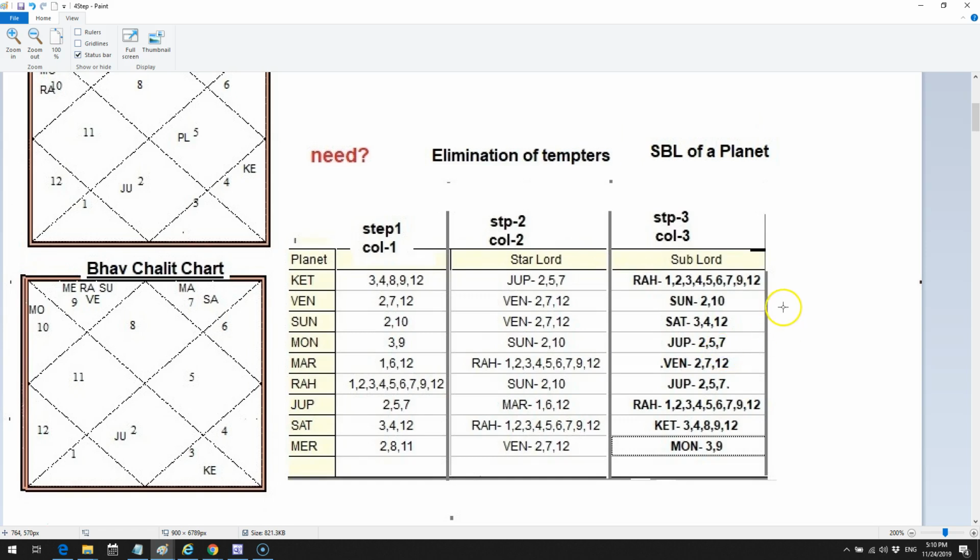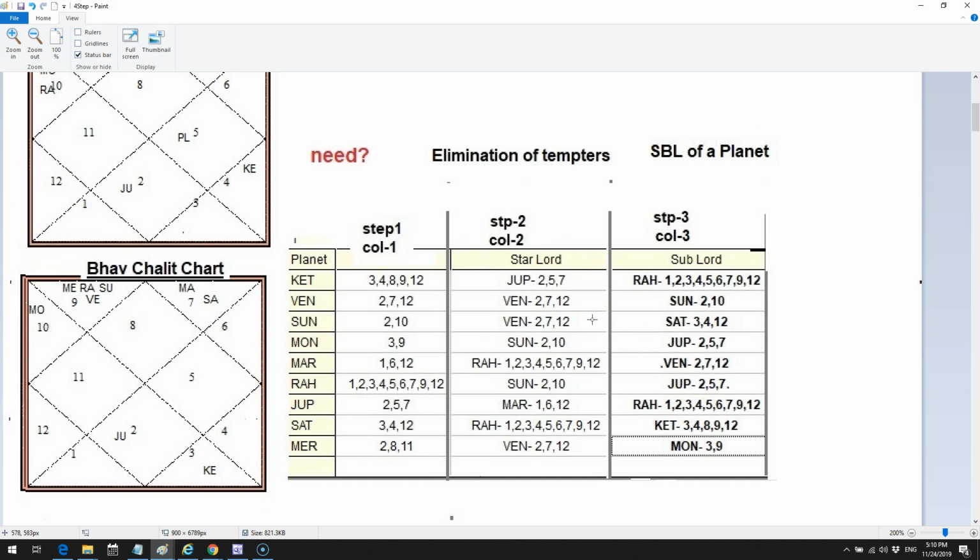The usual method is looking at the sub lord of a planet to assess whether a particular planet is really a significator or not. In this case, you will see that all the sub lords for all the planets tend to be significators indicating marriage. So how do you eliminate the tempters?